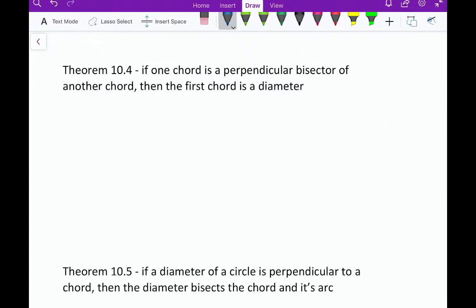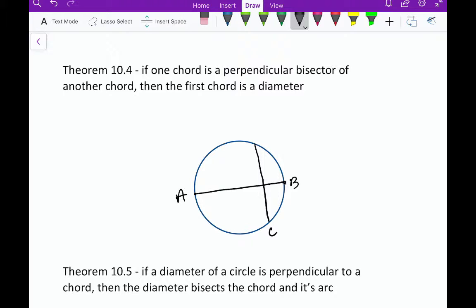Theorem 10.4 says if one chord is a perpendicular bisector of another chord, then the first chord is a diameter. So what does this mean? One chord is a perpendicular bisector of another. Remember, a chord has to have endpoints on the circle. So if here is my first chord, call that AB, and it is a perpendicular bisector of this other chord, CD, what does perpendicular bisector mean?